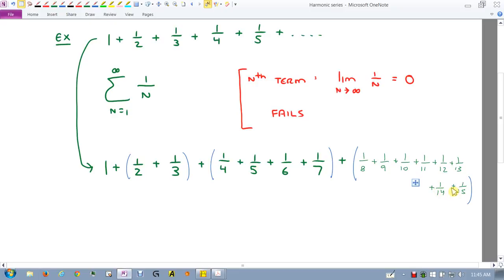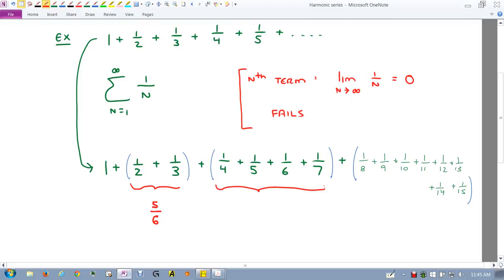If you keep doing that on powers of 2, watch what happens. Put these two together. You would need a common denominator, right? What would the common denominator be? 6, right? So what would this be if I put these together? 5/6? Okay. And then what about this over here? Oof.